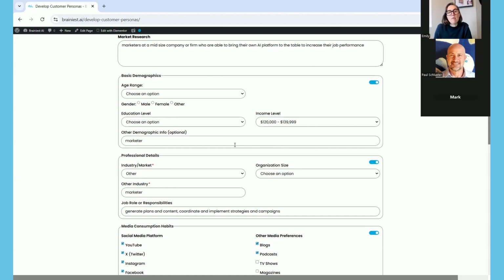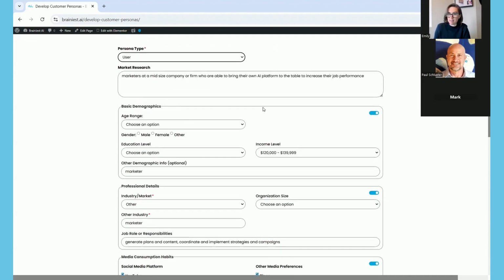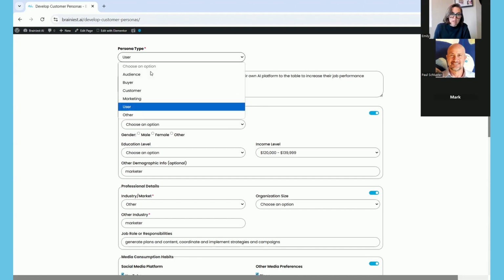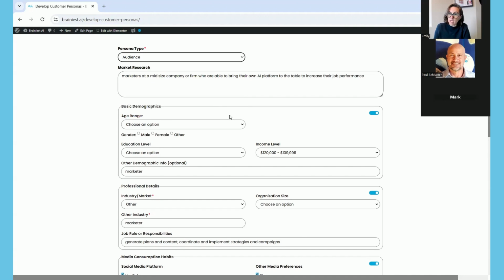That said, there are some workarounds which I've learned from working in these spaces, much like you would use with any other kind of software or program. In this case, I was working on an audience one. This is something I did not so long ago for our own company, Brainiest.ai.